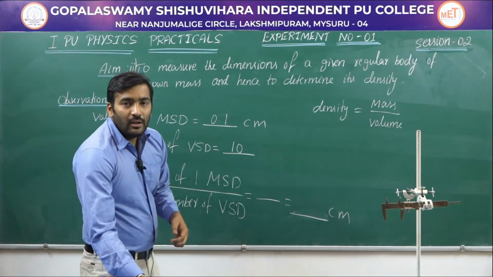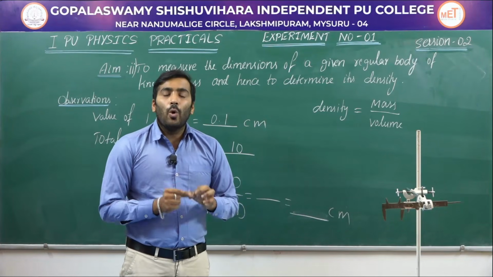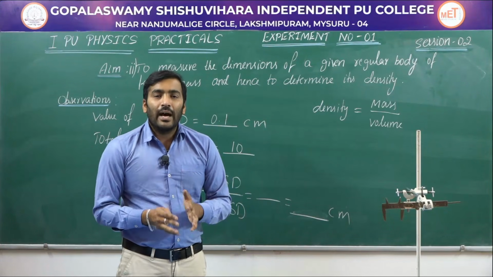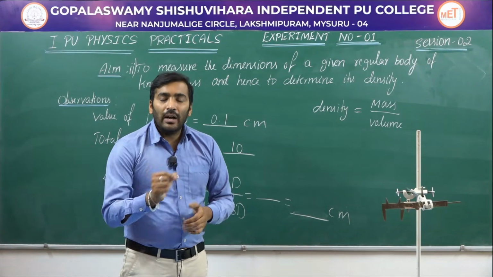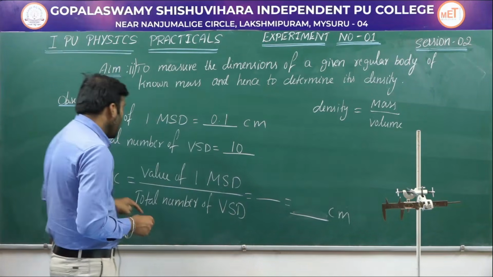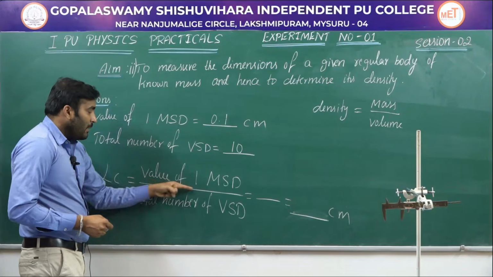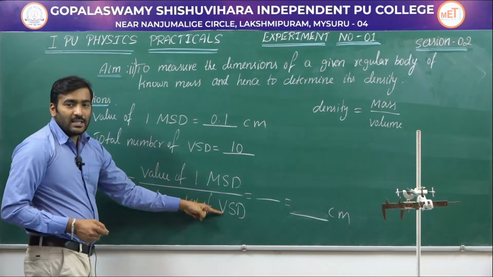And how do you find the least count? Remember, a least count is the lowest possible measurement done by an instrument. For the vernier calipers, we have a formula for finding the least count. Least count is equal to the value of one main scale division divided by the total number of vernier scale divisions.